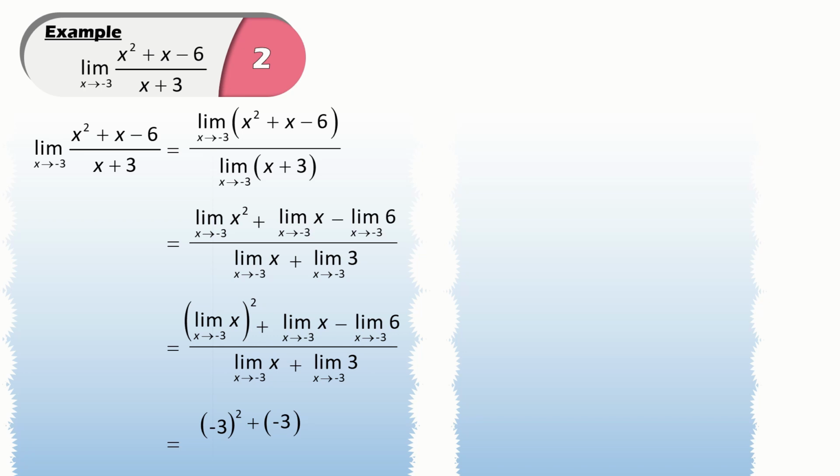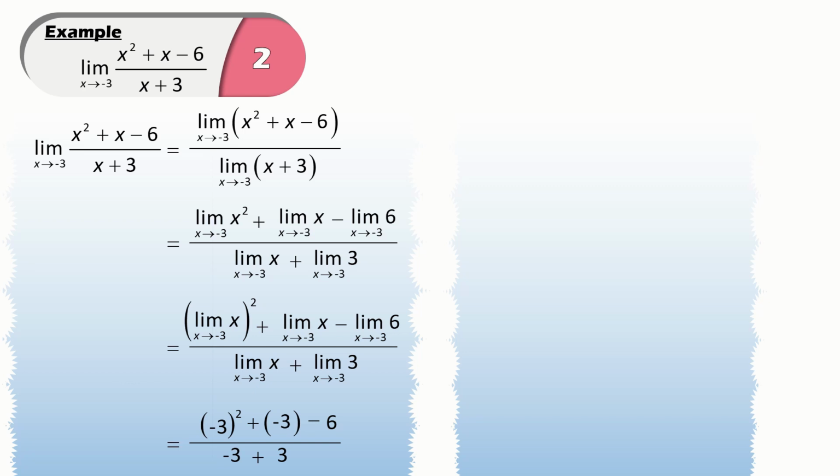And subtracted by the limit of 6 as x approaches negative 3, which is 6, using the constant property, over the limit of x as x approaches negative 3, which is negative 3, using again the identity property. Added to the limit of 3 as x approaches negative 3, which is 3, using the constant property.